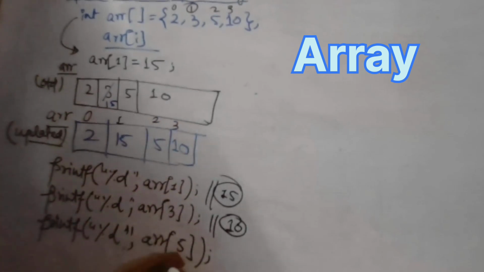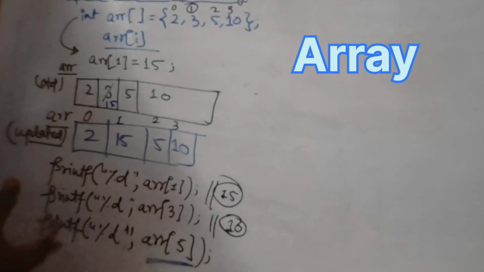We are trying to access index 5, but it is not present in this array, so it will give you an error. Mind it: the compiler does not give an error on compilation, but after compilation, it will give you an error when you access a value that is not present in the array. So this is a basic array.